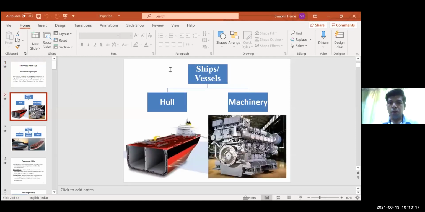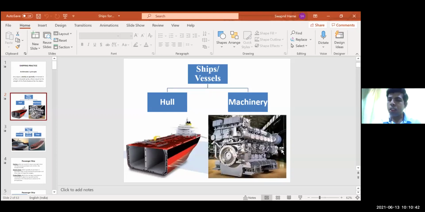Coming to our next slide, a ship is broadly classified into two sections. One is your deck, and under it, another is your machinery part, the engine. The engine room has got all the technical equipment.